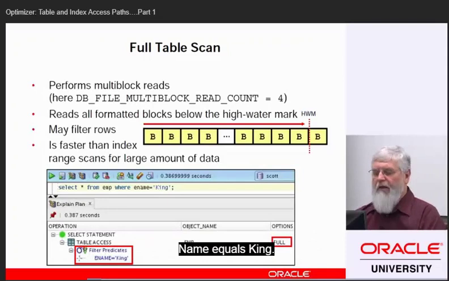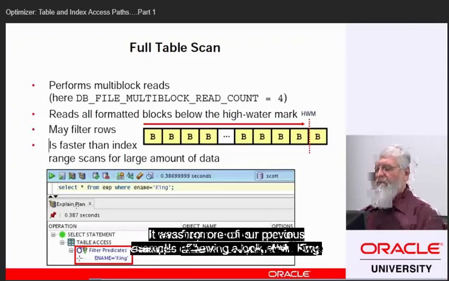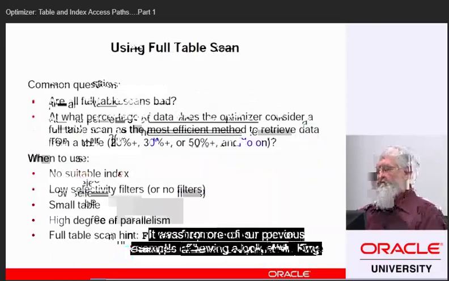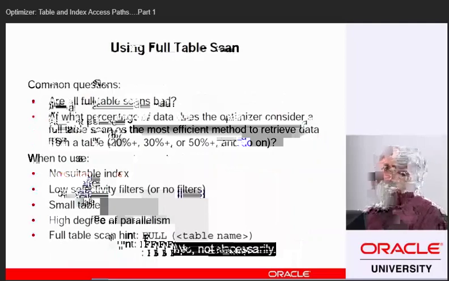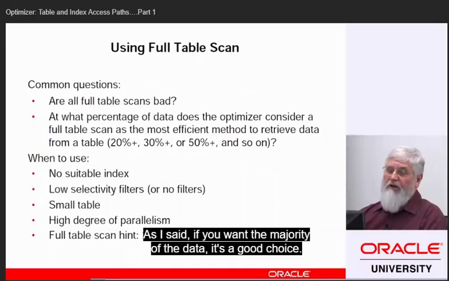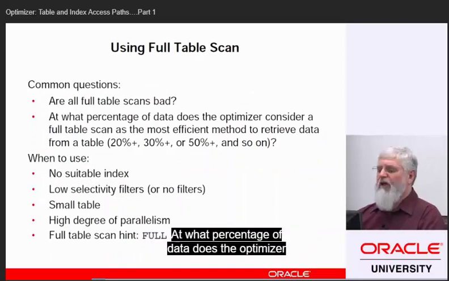Okay, some common questions. Are all full table scans bad? No, not necessarily. As I said, if you want the majority of the data, it's a good choice. At what percentage of data does the optimizer consider a full table scan is the most efficient method to retrieve data? And they have some examples, 20, 30, 50, so on.